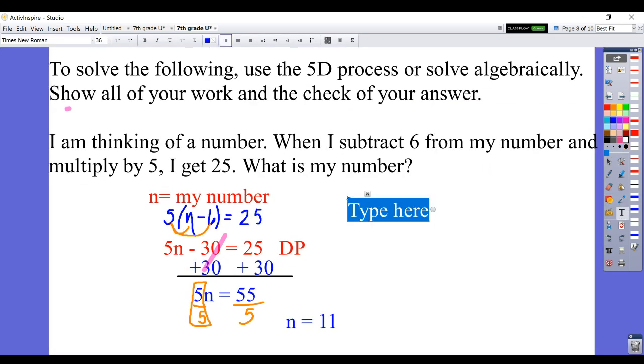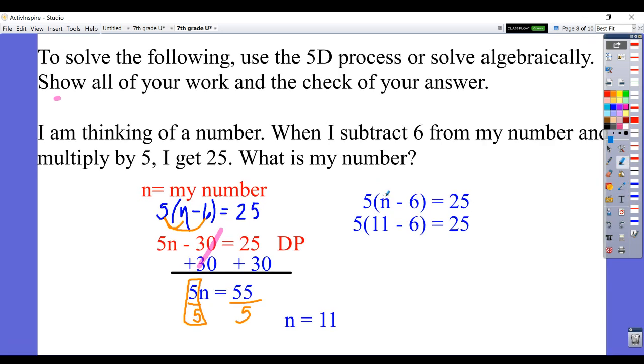So I'm going to go ahead and put it into my equation. 5 times 11 minus 6 should equal 25. In other words, again, I'm just rewriting my equation. I probably should write that down above it. I'm writing down my equation and I'm replacing n with 11.